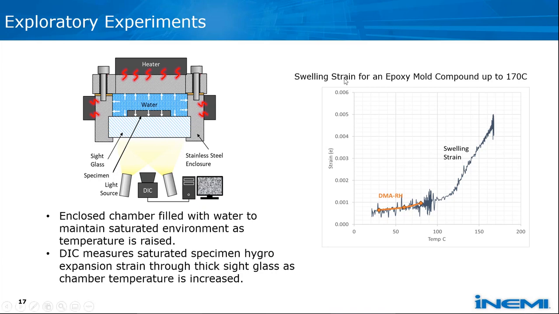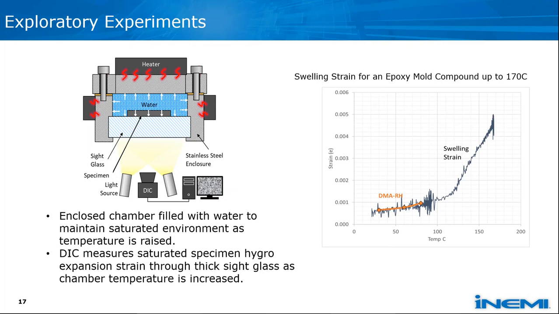The results show the strain swelling measurement for a mold compound, right? And you can see the DMA-RH results for the lower temperatures measured at 30, 60, and 80 degrees for the same specimen, and it's scaled up to 100% RH. As you can see, they match fairly well, and we were able to measure over 150 degrees.